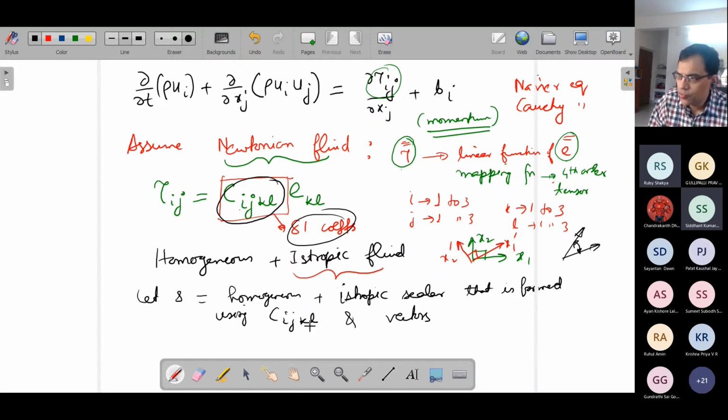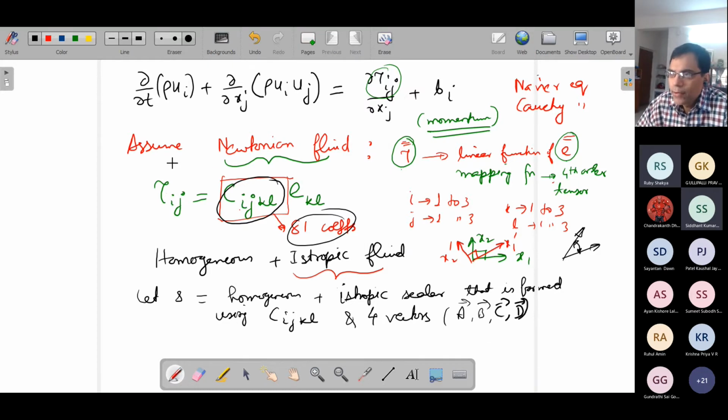And you have to remember that if you are considering vector as a donor of indices, each vector is donating one index. So you require 4 vectors, each of which will be donating one of the indices i, j, k and l. So 4 vectors, say A, B, C and D.